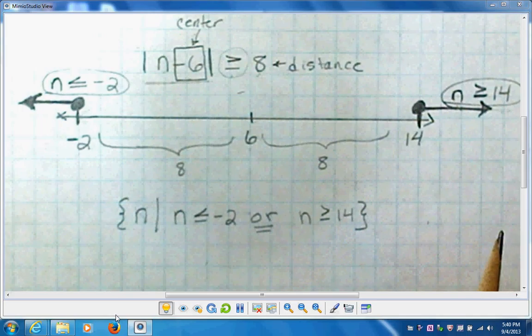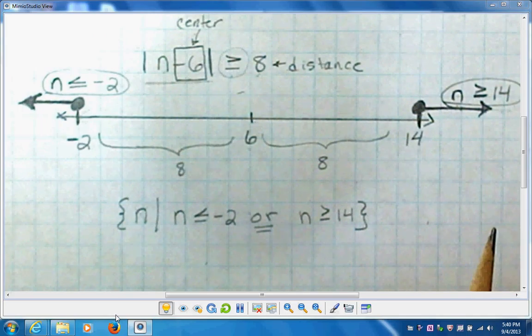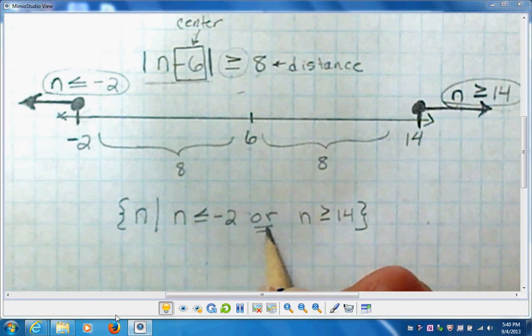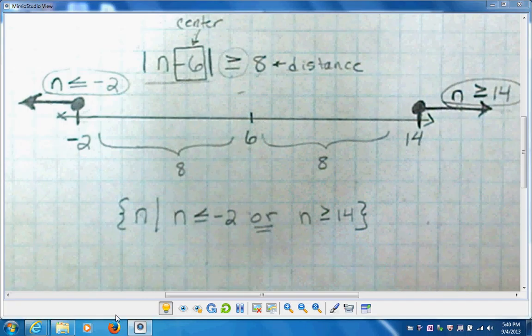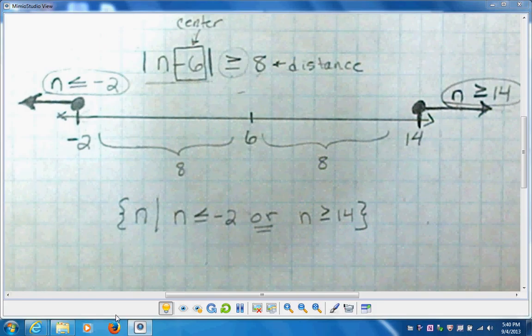So we're wondering, why is it or as opposed to and? Because or always means all possible values, and means values that they share.